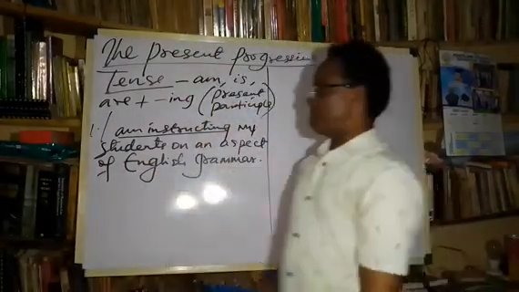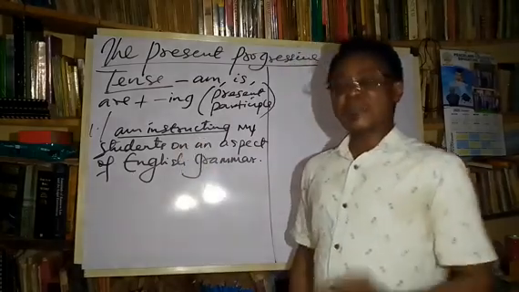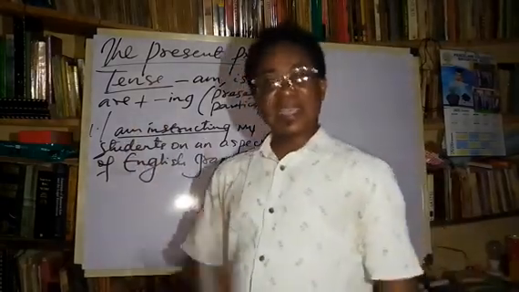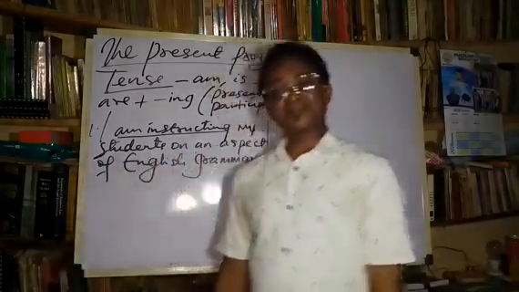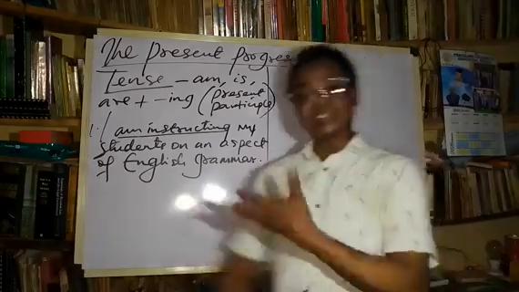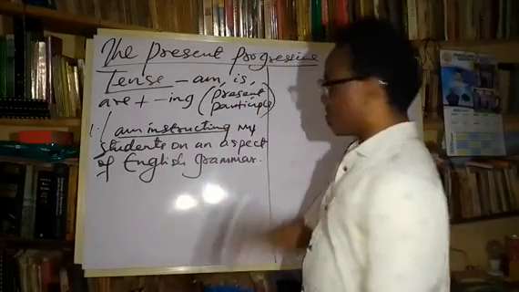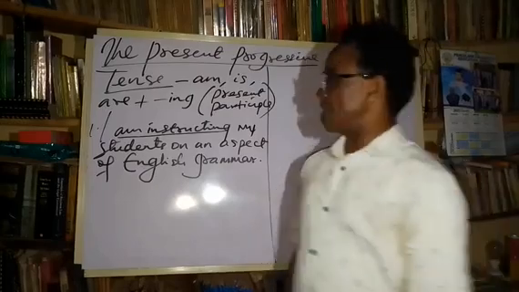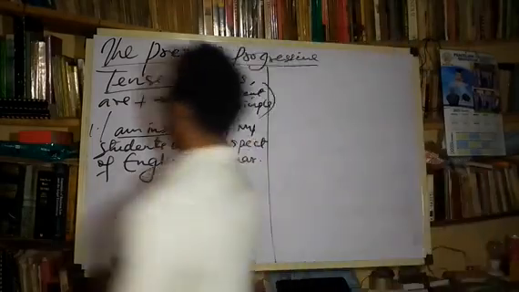The lexical verb is the one that expresses the main action of the sentence, while the auxiliary verb provides help. It helps it to express the action in whatever tense. For instance, it is am here that shows that instructing is taking place now. Otherwise, without am, I cannot say I instructing my students. That is a grammatical blunder. So it is I am instructing my students on an aspect of English grammar.